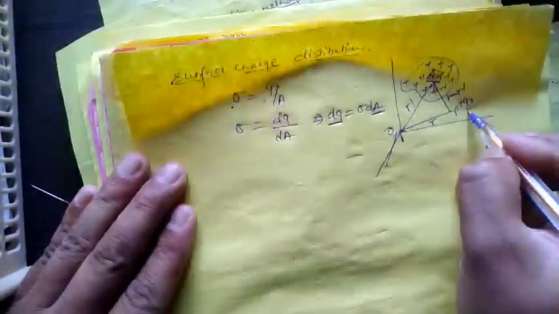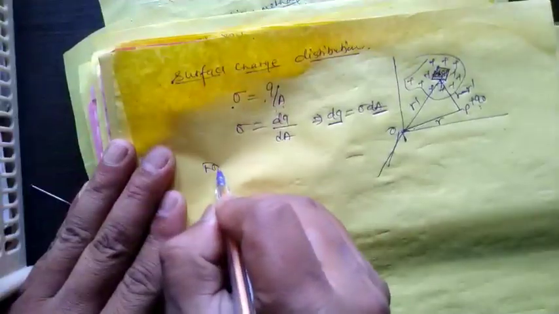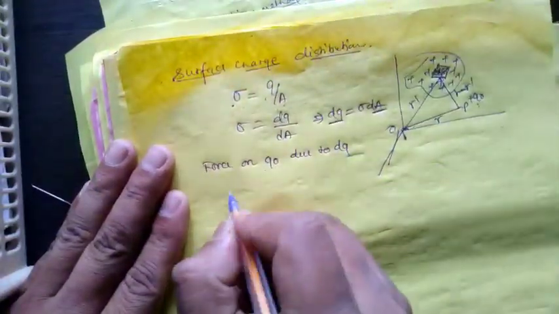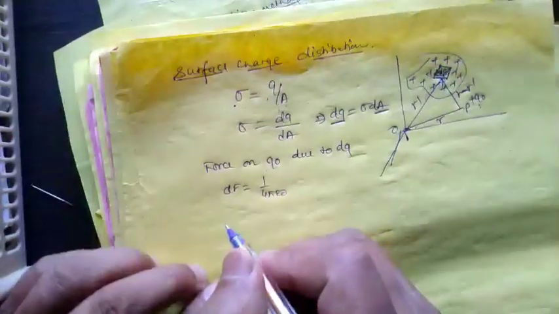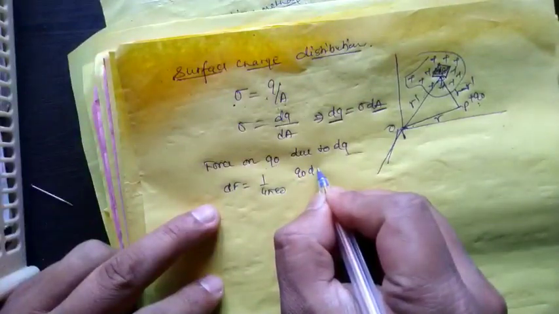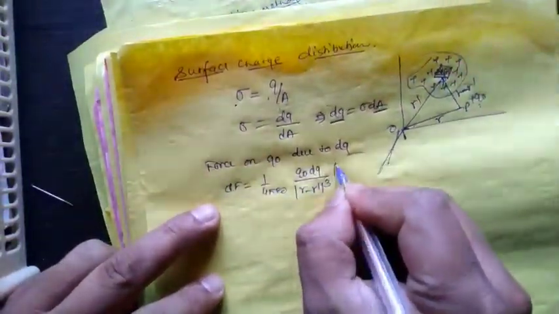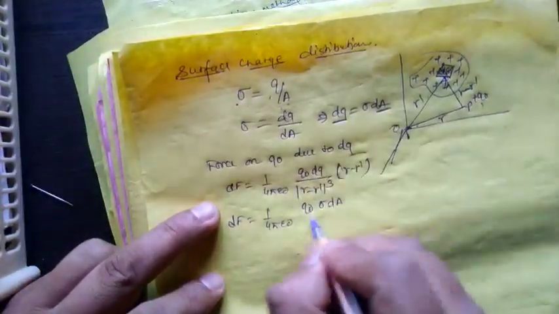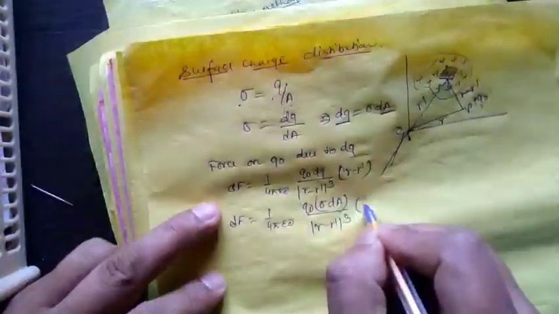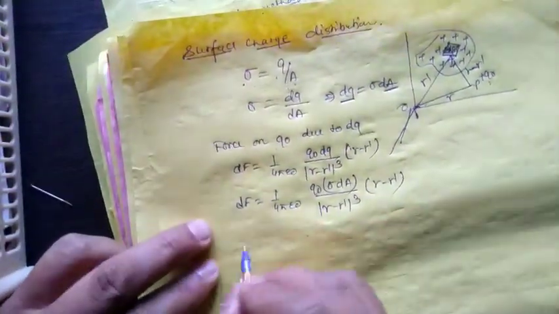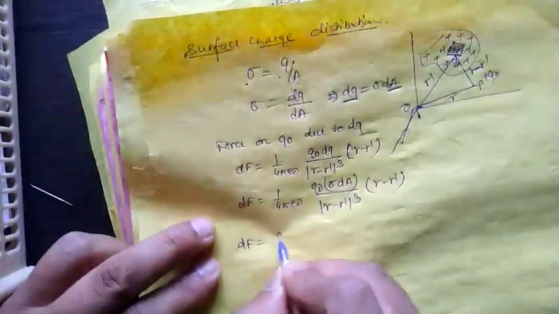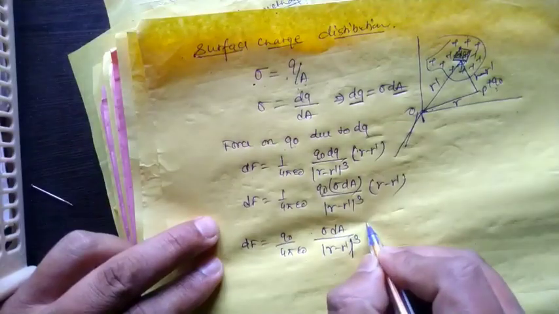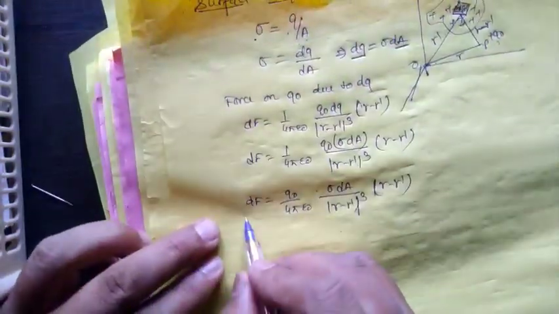And now the force on q0 due to dq from ds: dF equals 1 upon 4 pi epsilon naught, on the basis of Coulomb's law, q0 dq upon |r minus r dash| cubed, times (r minus r dash), where dq is sigma dA. This is for a small area.